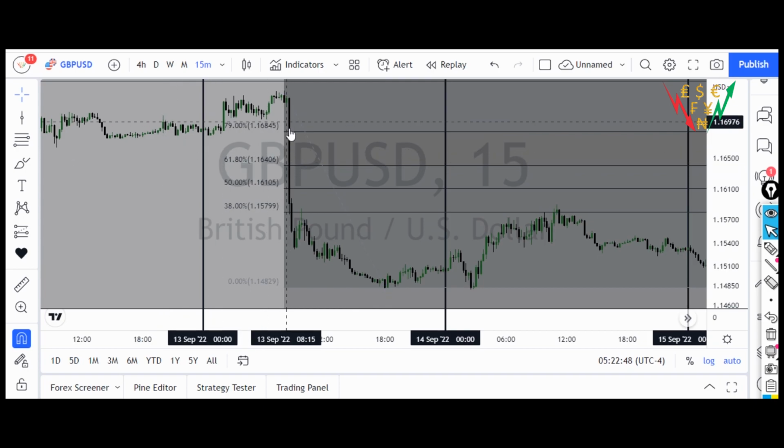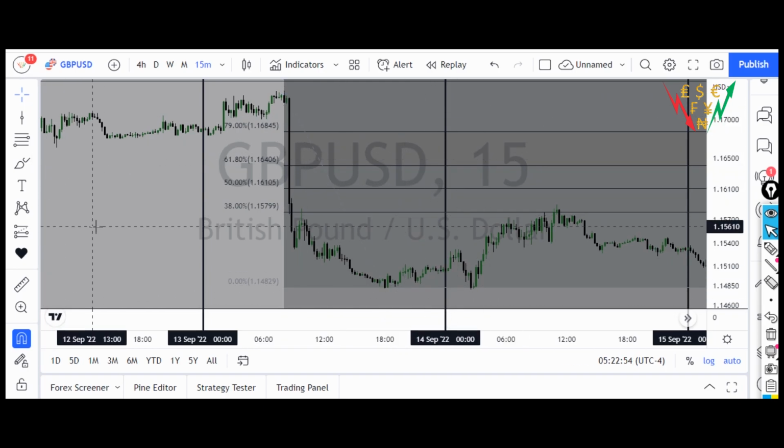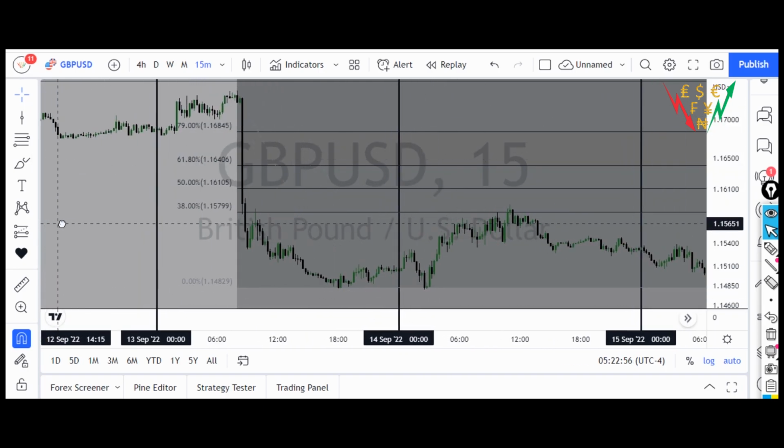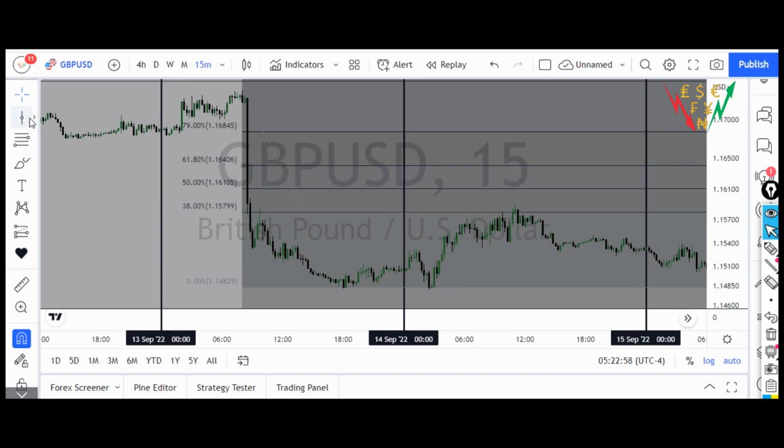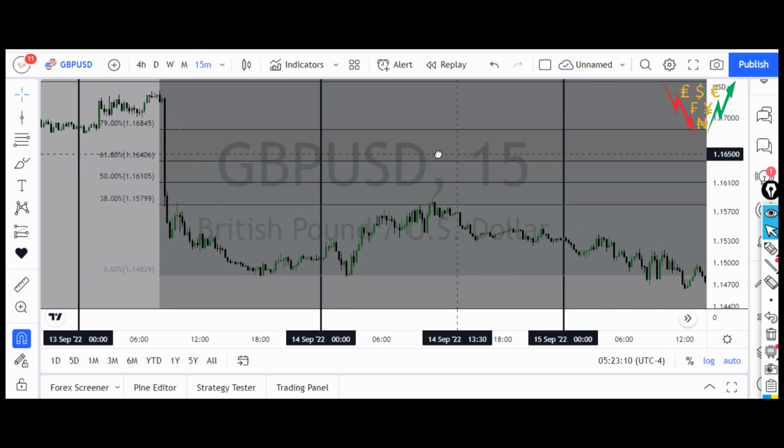So from the highest point of the day to the lowest point of the day, and then I start to hunt the market. Now, I'm just looking for simple things. I want to take my trade in the opposite direction against the trend to either of these levels, 38.0, 50.0, 61, or 79. And let's see how the market reacted.